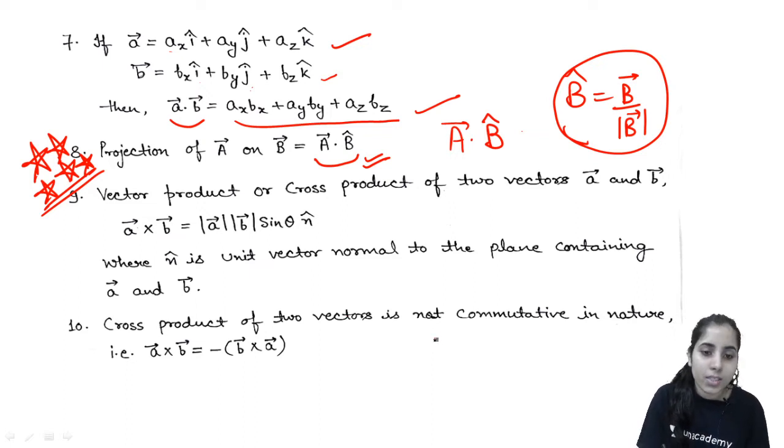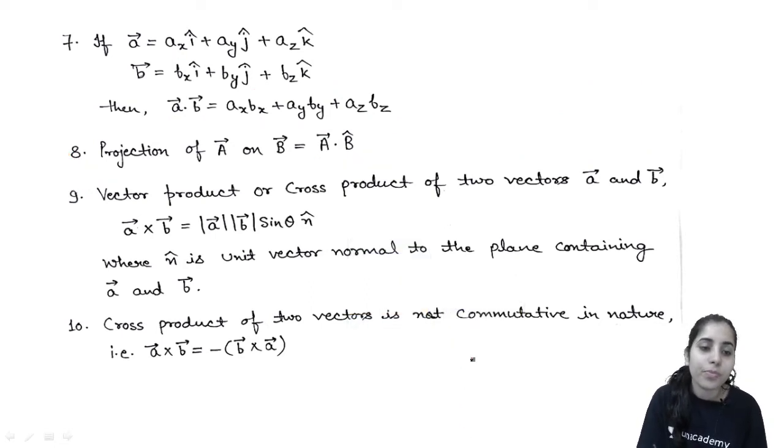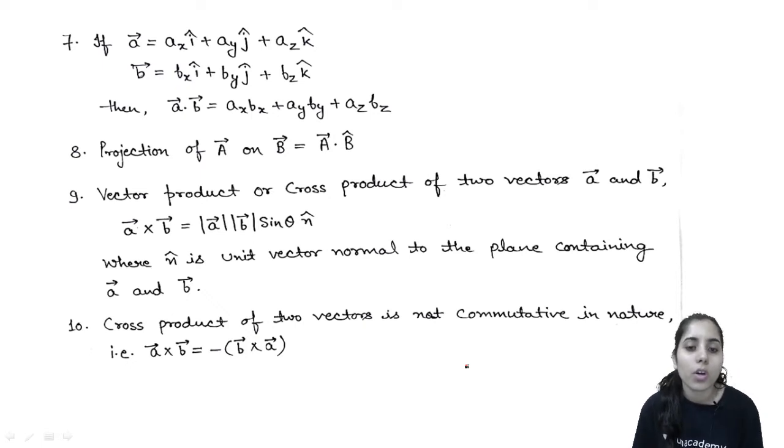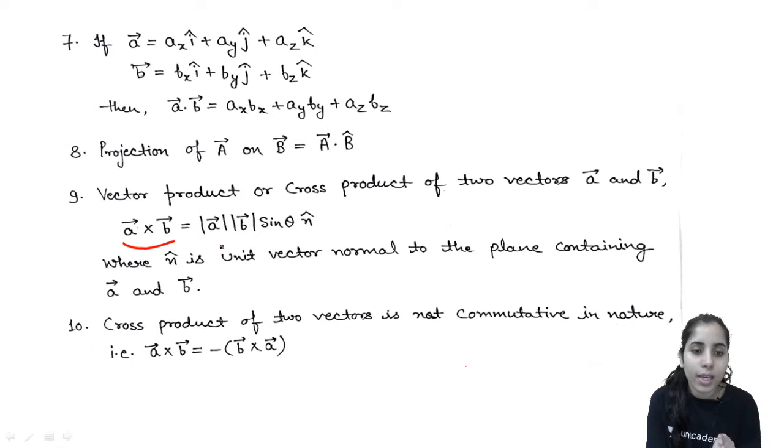Done? Next, let's talk about the vector product. The vector product or cross product of two vectors will again be a vector quantity. Clear? So vector A cross vector B equals magnitude of vector A, magnitude of vector B, sine theta, where theta is the angle between both, and unit vector n.